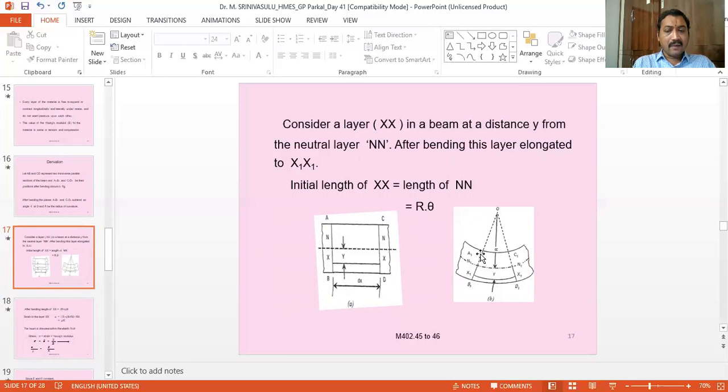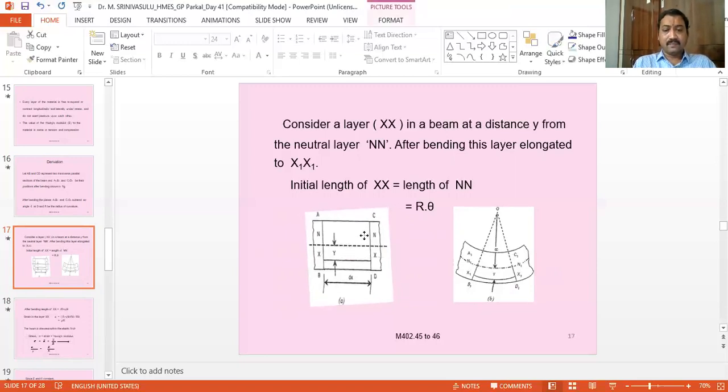So this is the condition of the beam after applying the external load. Now this is AC, the inner layer. So AC will become A1 C1. So this is the innermost layer.